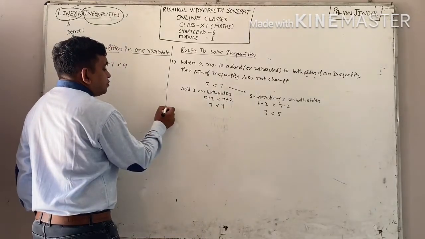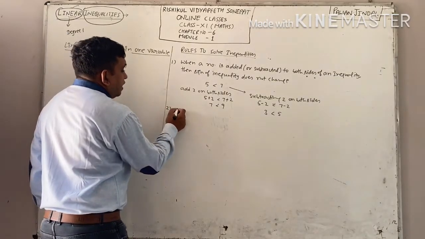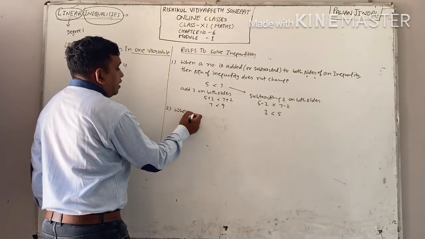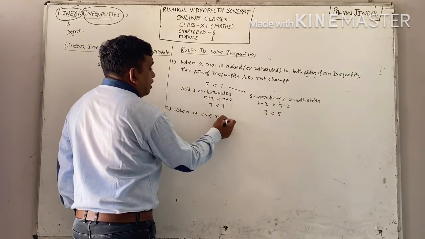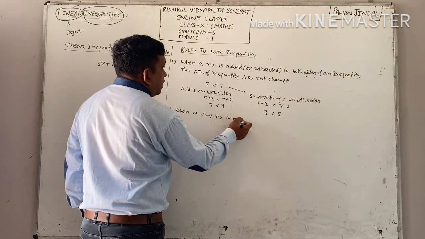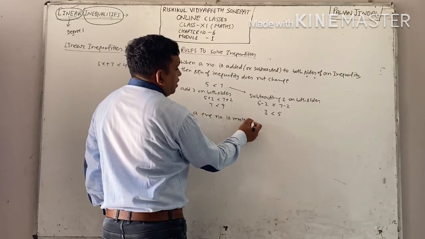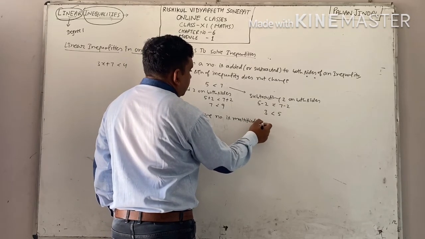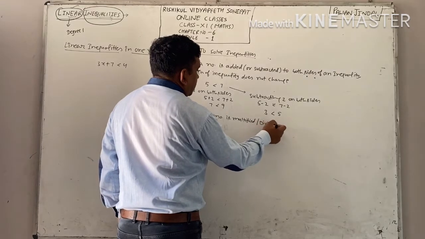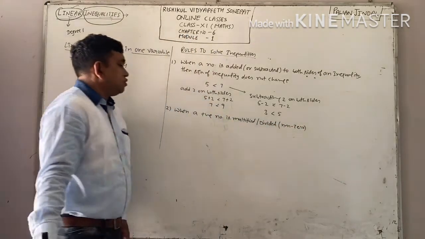Rule number 2. When a positive number is multiplied or divided, but remember one thing, your number should be non-zero.